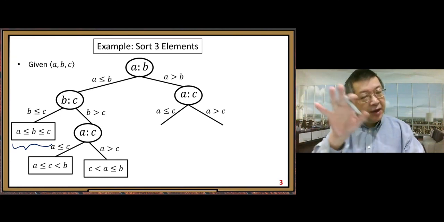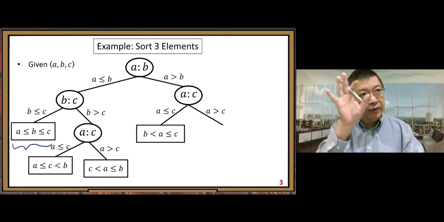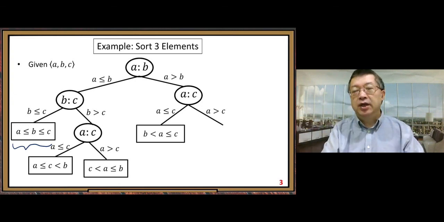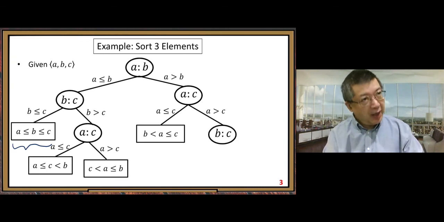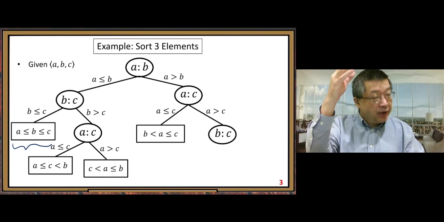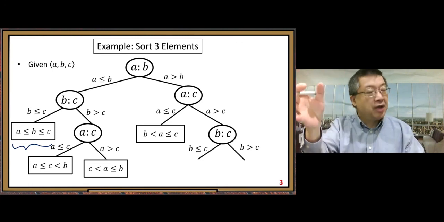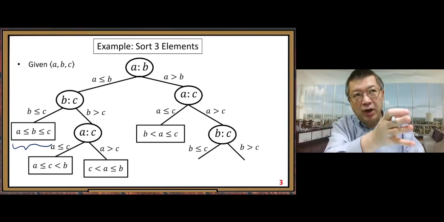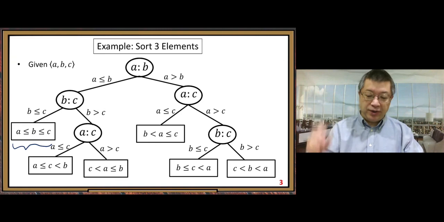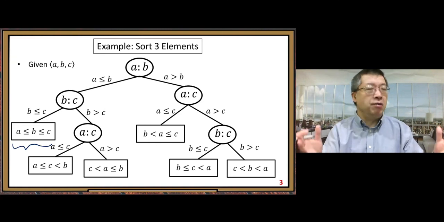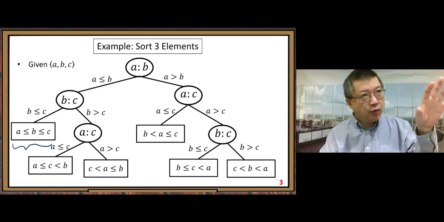For A less than or equal to C, we have enough information for the sorting result, so we reach the leaf node. For the second case, we need another comparison, B and C, and 2 possibilities. The first one, we get one sorting result. The second one, we get another sorting result. So that's the whole decision tree for this simple sorting algorithm.